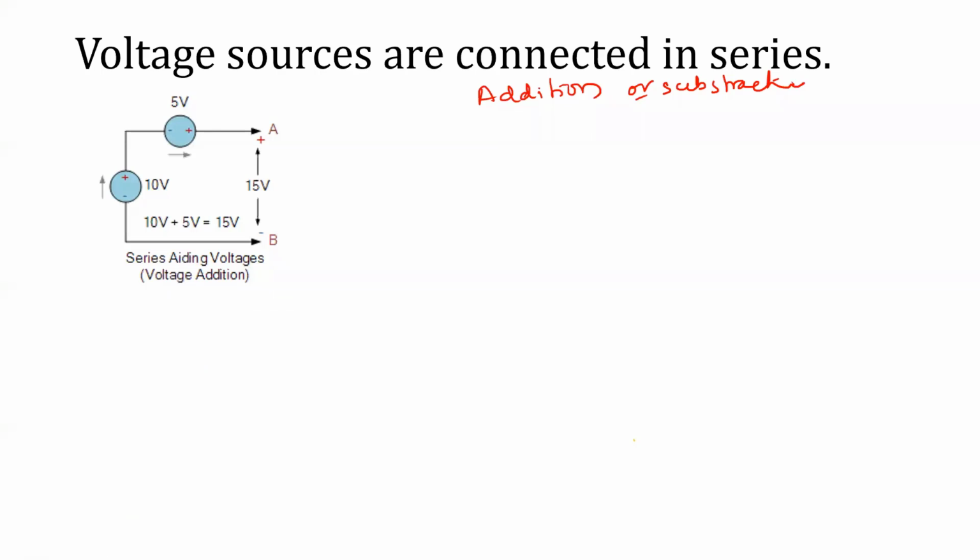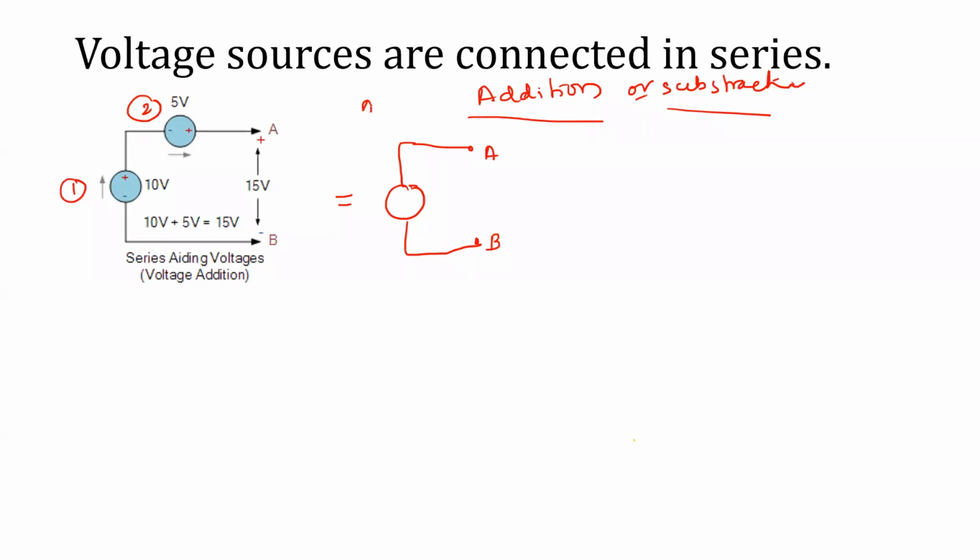See here, we do find two voltage sources, voltage source 1, voltage source 2. These two voltage sources can be converted into a single voltage source between the terminal A and B. It is a result of either addition or subtraction. When should these two sources be added?